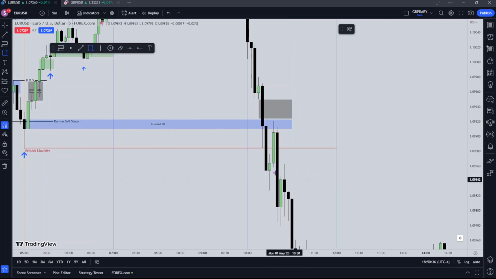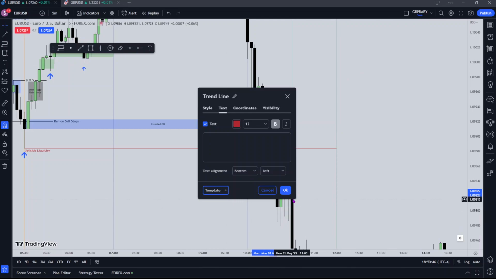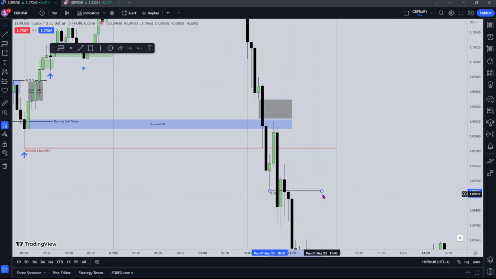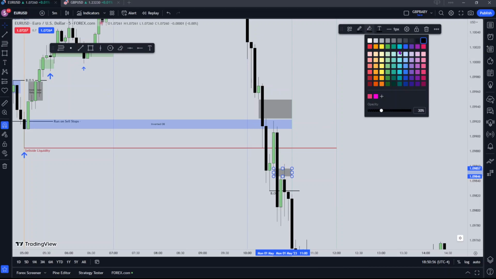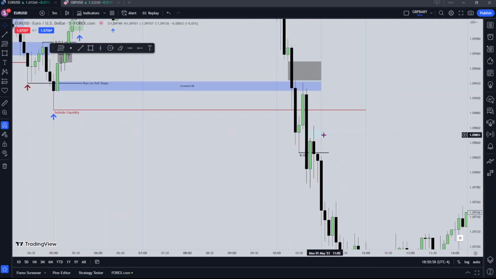We have another entry here. So once this breaks down, say we miss this move here, price breaks down aggressively, takes out these lows, giving us a break in market structure, meaning that we're likely to head lower. And then we have an entry for another sell here. Make it light blue, can't even see that.